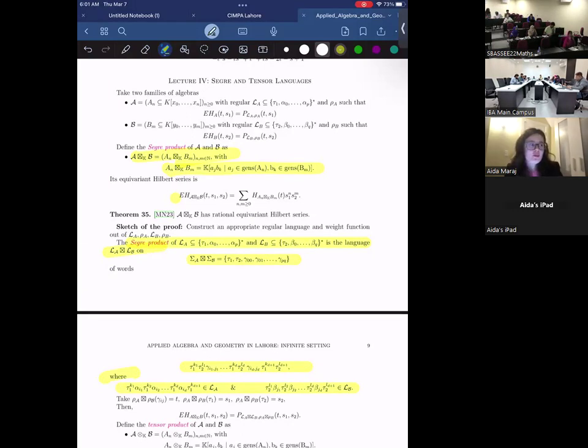One thing to take away is that one can use these regular languages not only for the Hilbert series, but for any generating function you care about, if you care about rationality results of your preferred generating function.